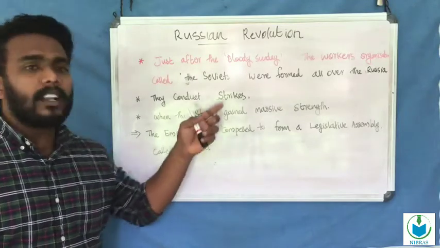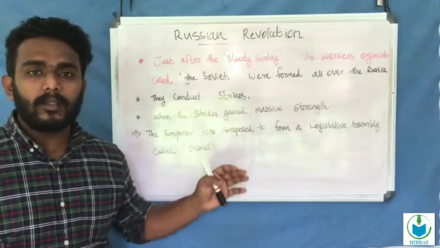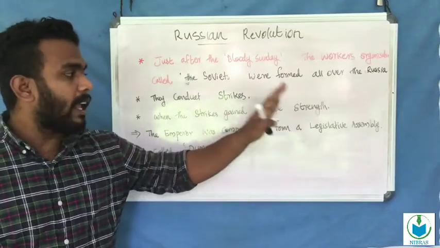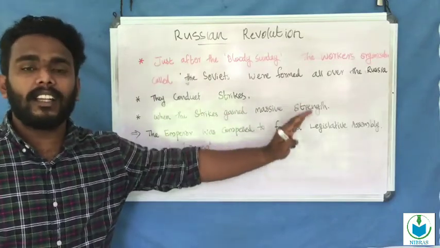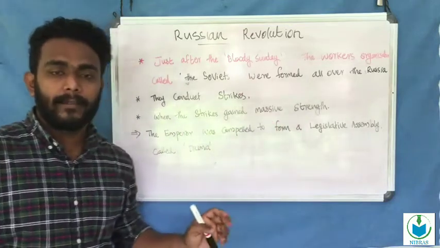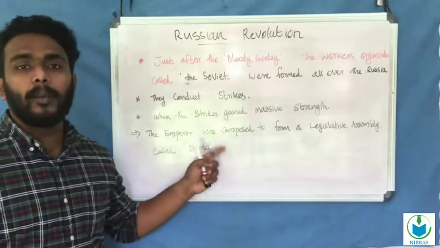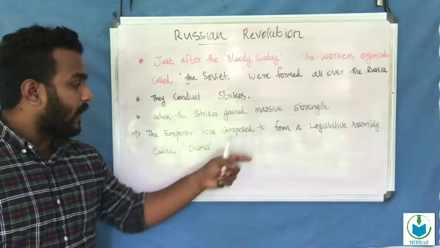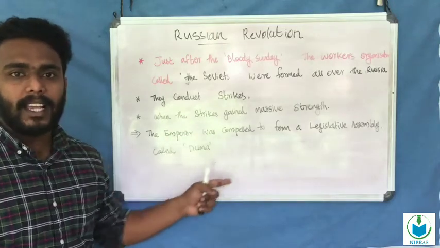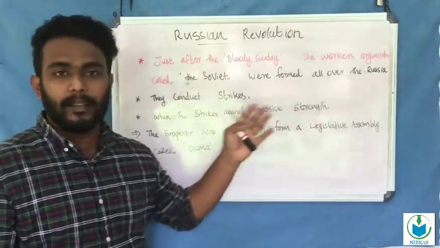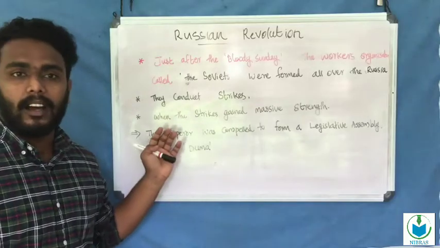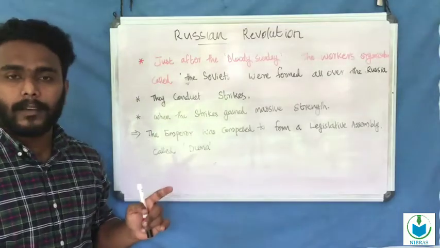So the ruler was compelled to form a legislative assembly, named the Duma. So what is the Duma? The Duma is a legislative assembly formed by the emperor.